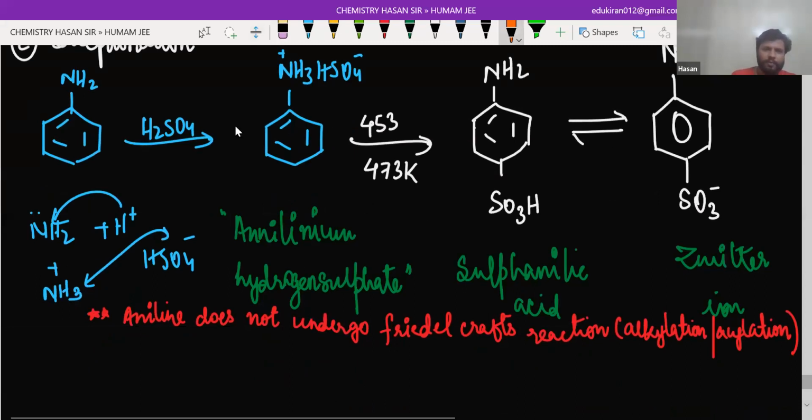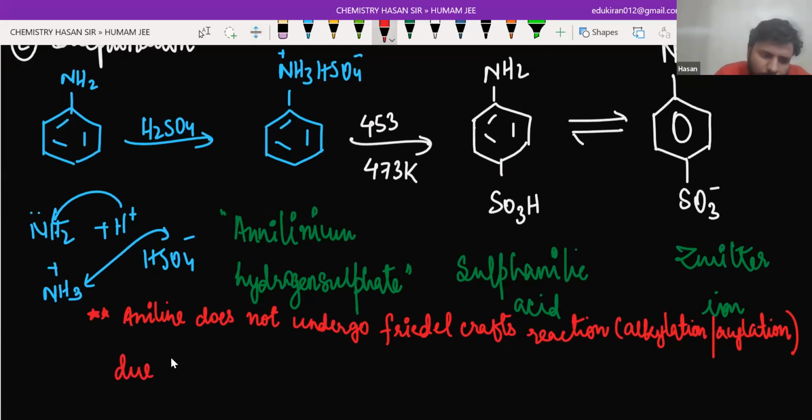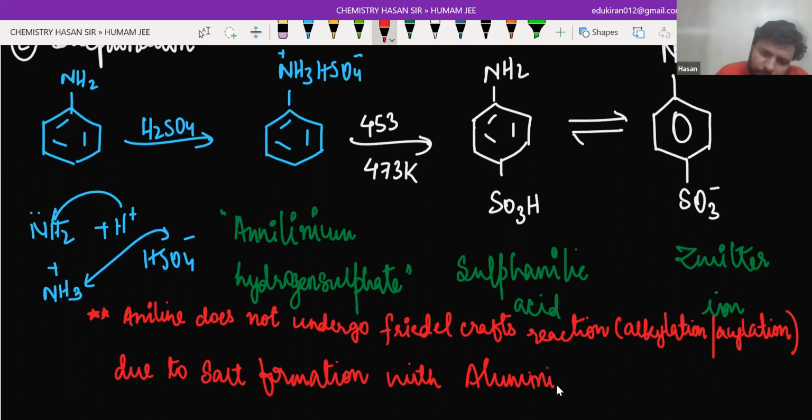Why is it so? Because of salt formation. That Cl will combine with that and make a salt, only because of salt formation with ammonium chloride. Very important point, because generally students think that NH2 is plus M, so it will go, but this will not.